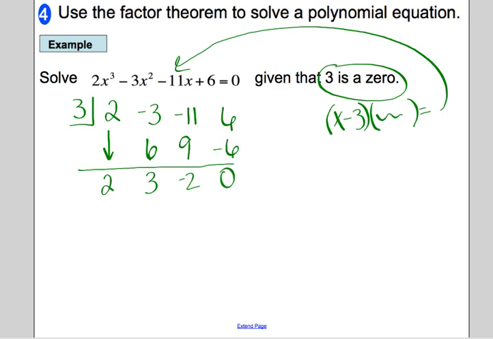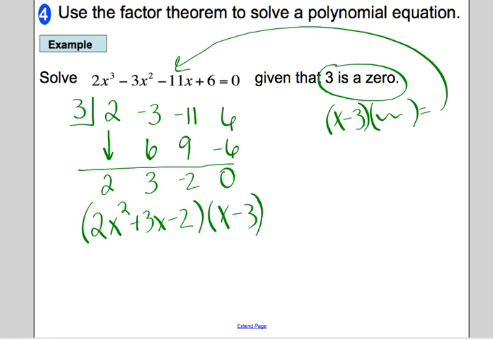And we can see that we get that 2x squared plus 3x minus 2. So that means that that times x minus 3 is that original equation factored out. If I want to find the zeros here, I need to factor again with the 2x squared plus 3x minus 2.